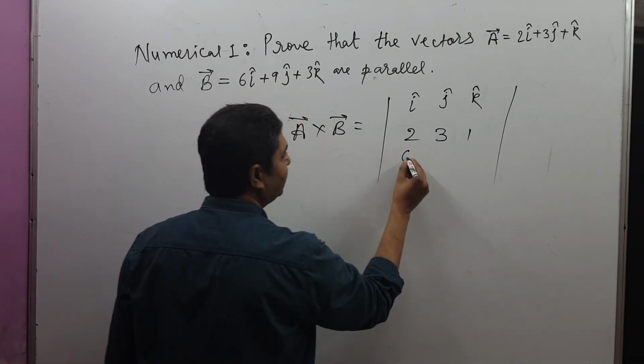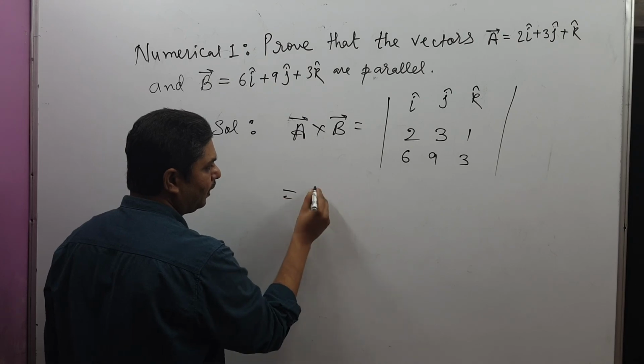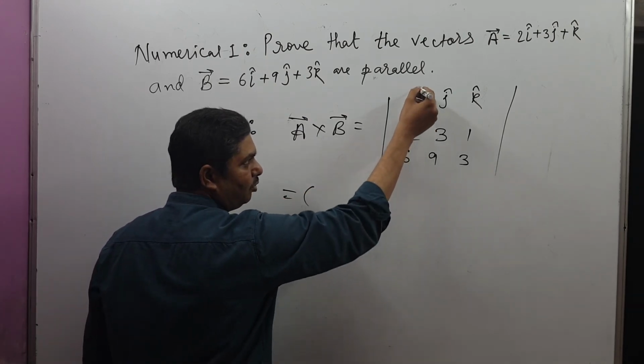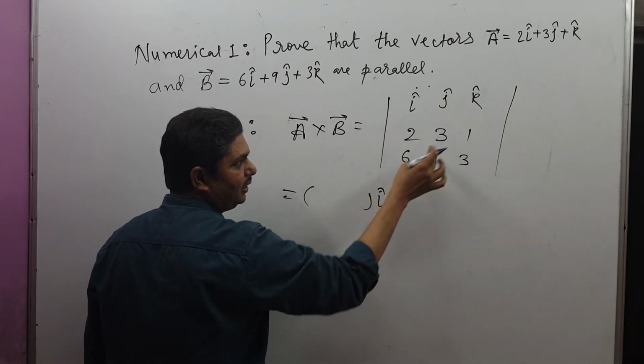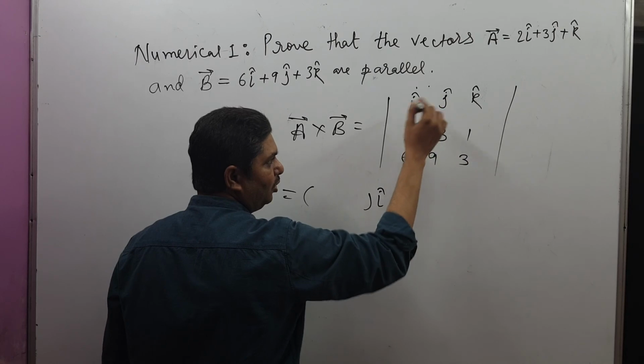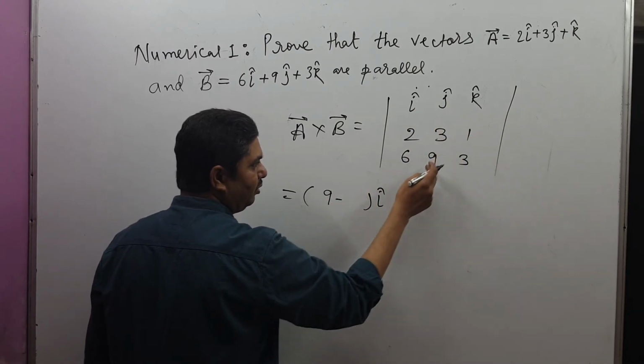Right here 6, 9, 3. After that, right here I cap, and you have to take note. You have to see only these four terms: 3, 1, 9 and 3. So 3 into 3 is 9, minus 1 into 9, 9.